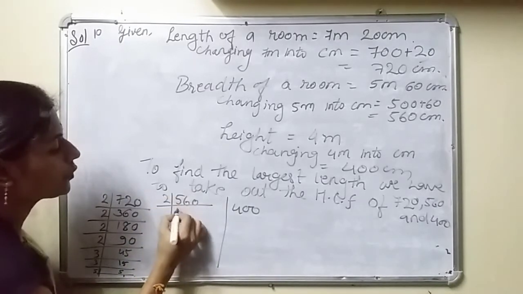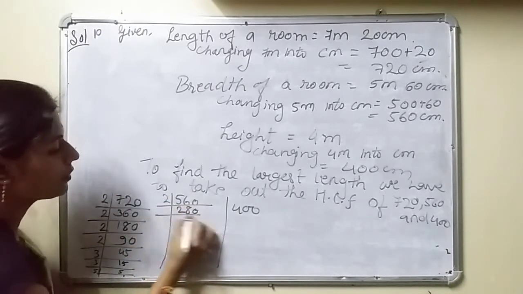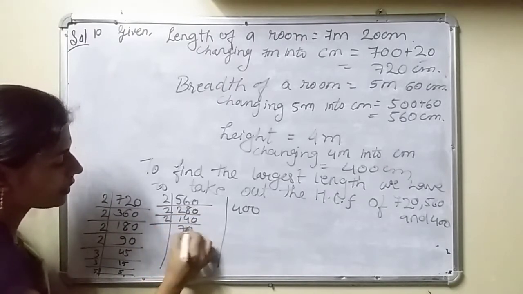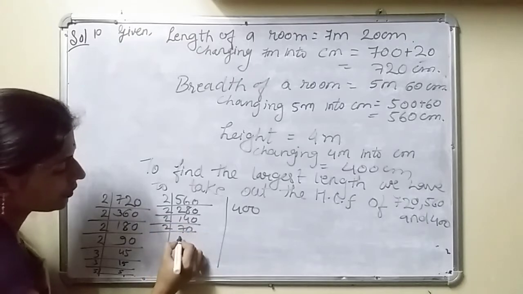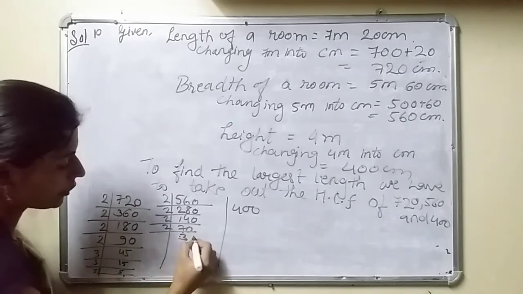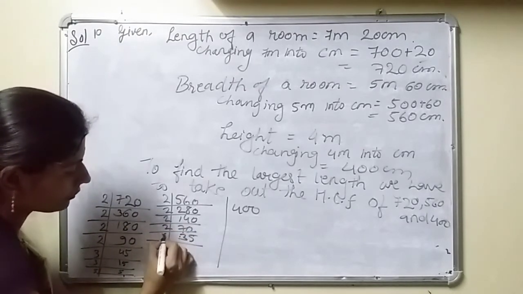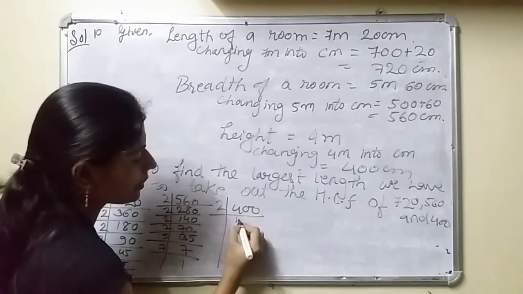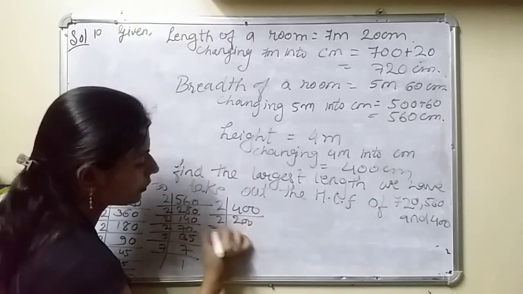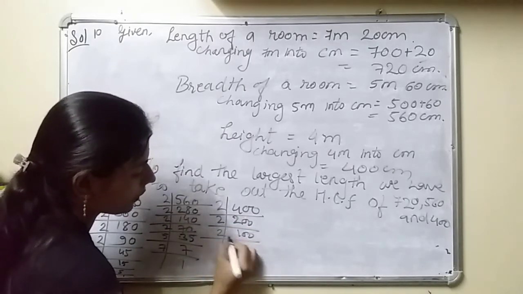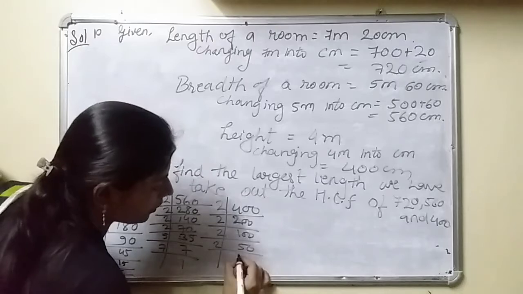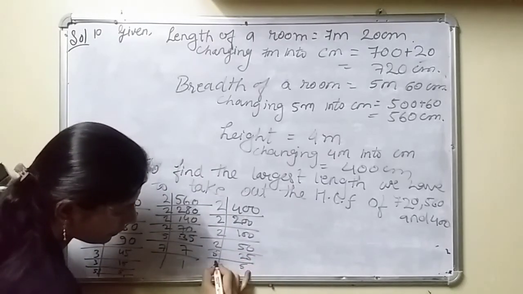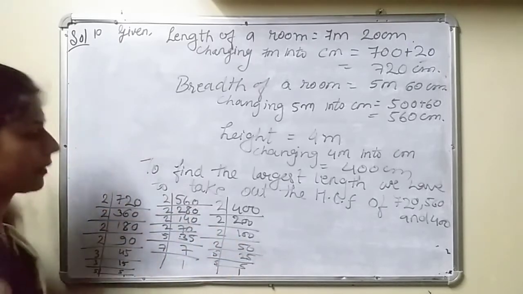Okay, again by 2, 2 2s are 4, remainder 1, 2 8s are 16, 0, 2 1s are 2, 2 4s are 8, 0, 2 7s are 14, 0, 2 1s are 2, 3s are 6, remainder 1, 2 5s are 10, 5 7s are 35, 1. By 2, 2 2s are 4, 0, 100, 50, 25, 5, 1.